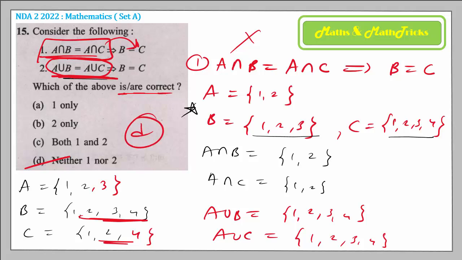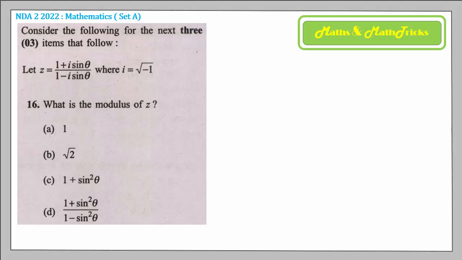Alright. Coming on to the next question now, where the given info you have to use to answer for three atoms, one after the other. So you have a complex number Z for which you are asked the modulus. Look at the complex number. You have a numerator in it, which is again a complex number. Denominator also a complex number, but note it's a conjugate of the numerator.